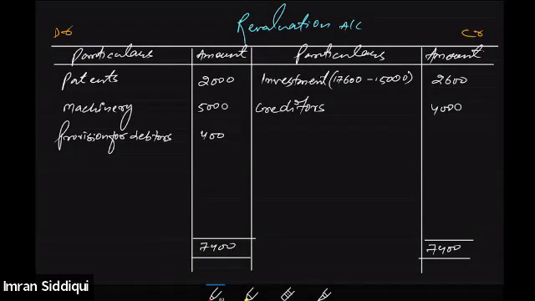800. So there is a loss of 800, and this loss will be transferred to partners.